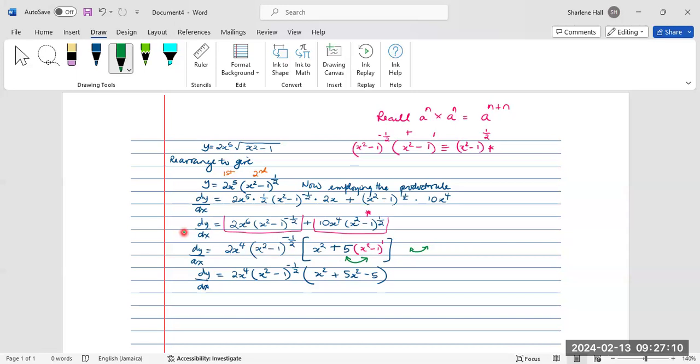So I can't do that. I'm allowed because the power is exactly 1. So I'm allowed to do that because the power is 1.